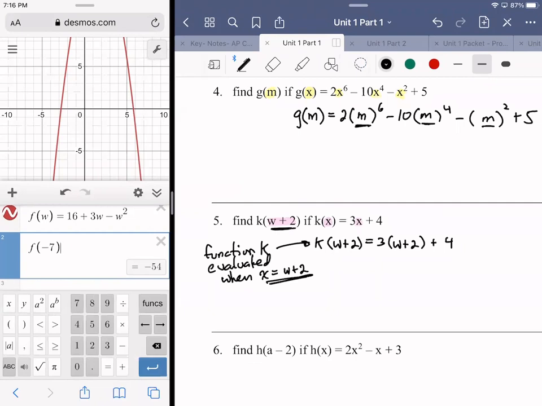Like we have this function that says k of x is equal to 3x plus 4. Now I'm telling you what x is. x is equal to w plus 2. So it makes sense that you would now be able to substitute and replace every single x with a w plus 2. All right. These aren't questions where we're required to simplify, but if we were, you would distribute and then combine like terms.